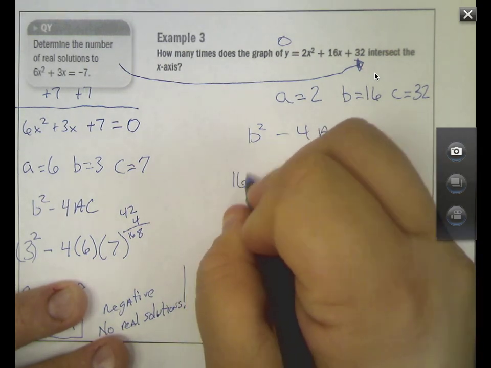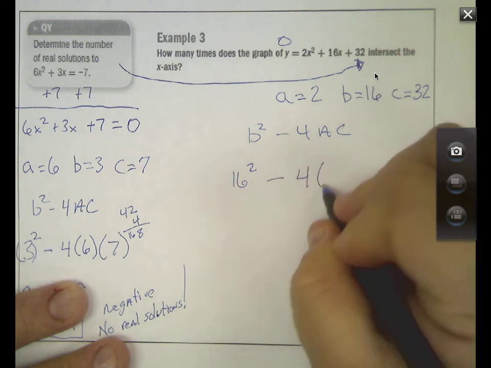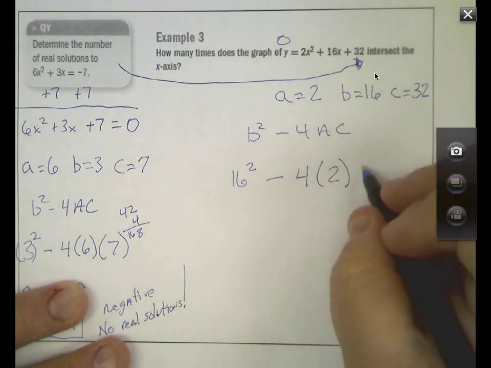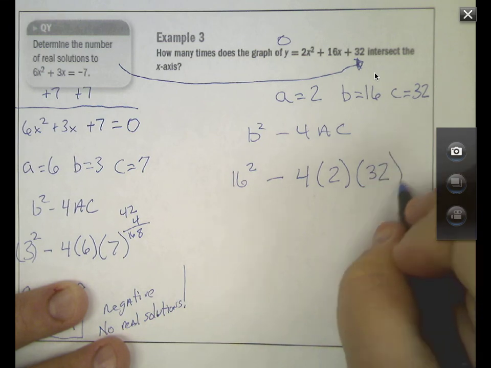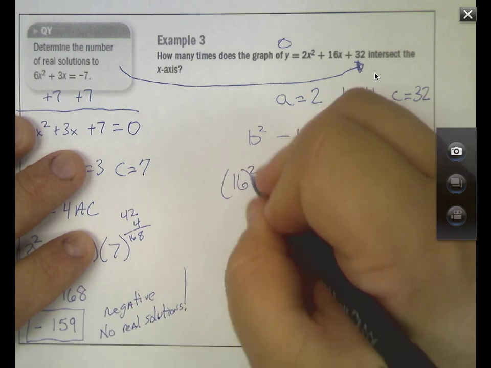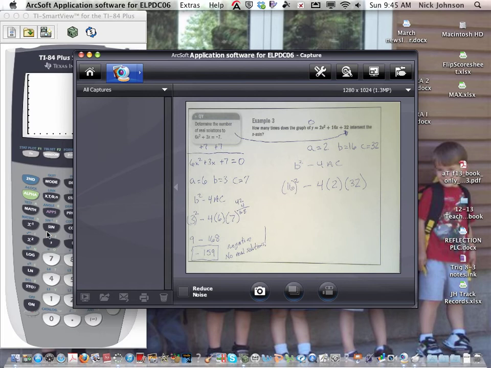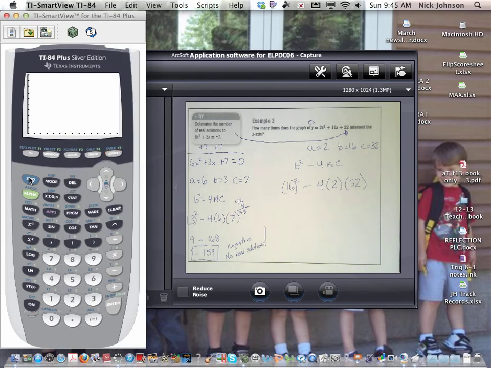B squared minus 4AC. That's our discriminant. Well, 16 squared minus 4 times A is 2 times C is 32. Okay? Some of you might be panicking. Remember I said put a parenthesis around this.